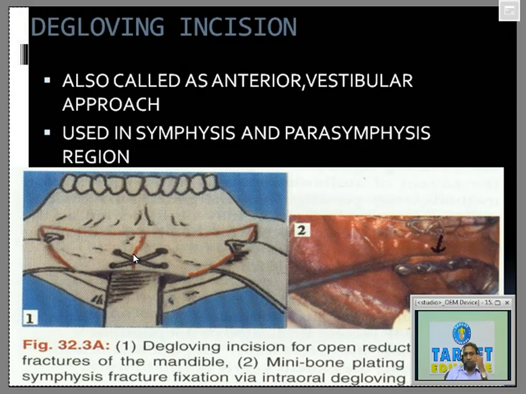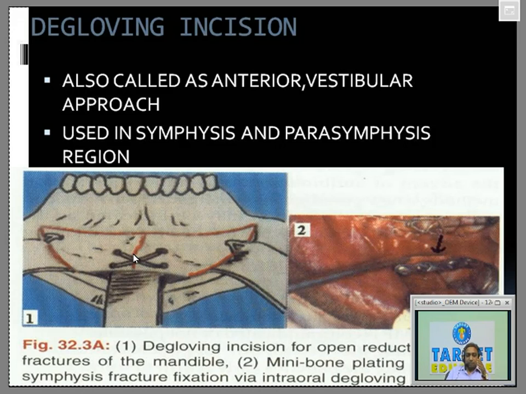Similarly, if you are using screws in the maxilla, as maxilla is a membranous bone and the cortical bones are thin, you need to use 6 millimeter length screws in cases of maxilla. Okay, so this is the plating system.